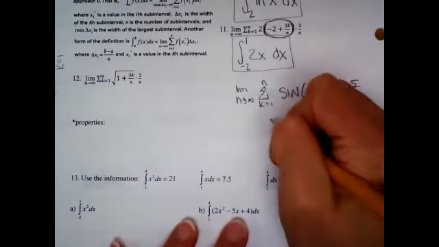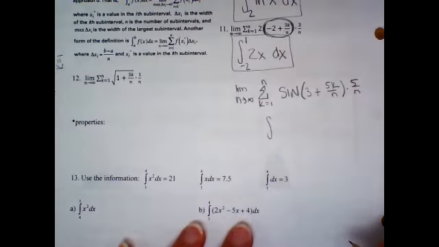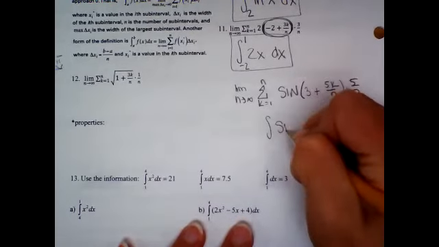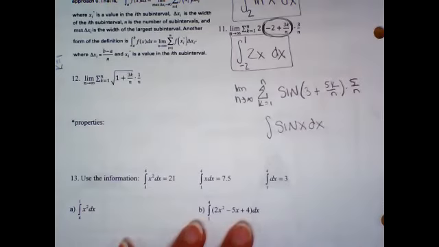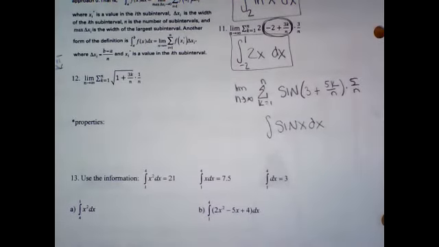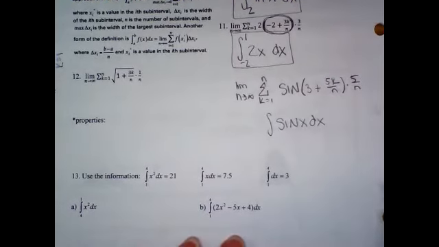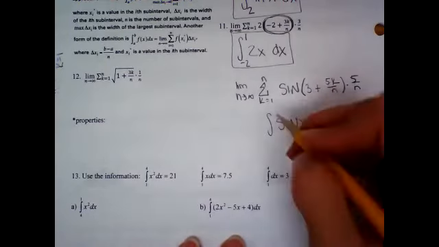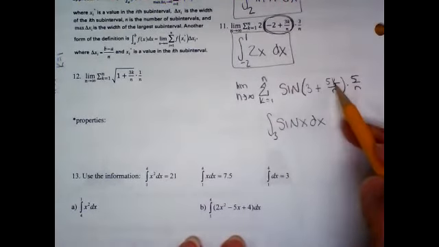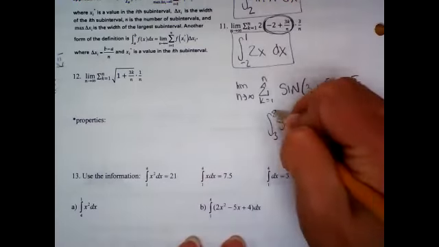All right, this would be integral of what? Sine x dx. If you don't want to write it down, that's fine. I just made up another one. Sine x dx. Where would you start? 3, and the change is 5, so the upper boundary is 8.